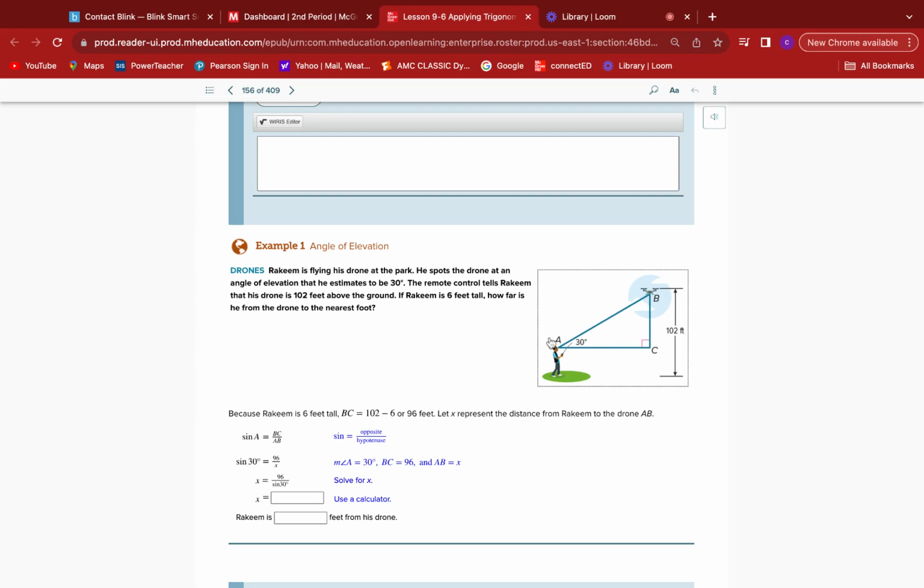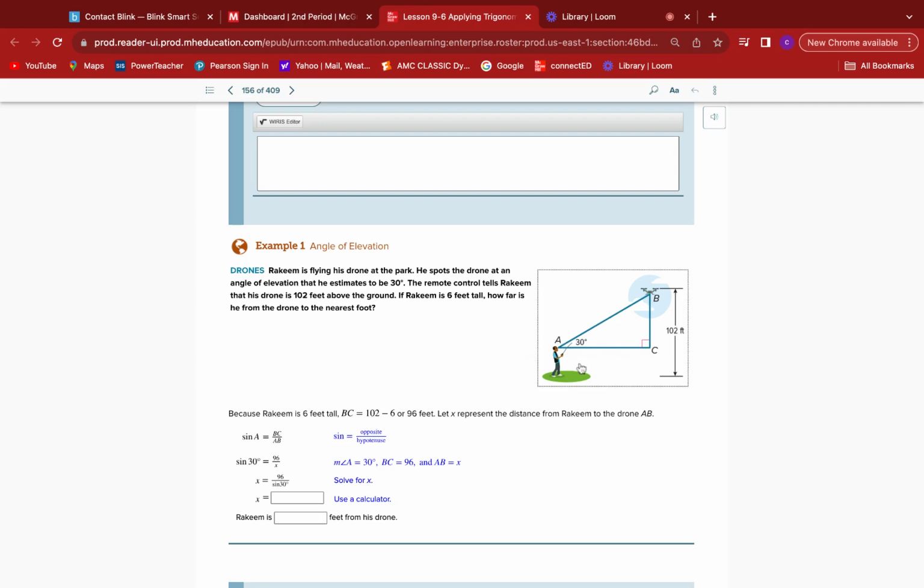Okay, so grab your calculator. Make sure it's in degrees, because if it's not, you're going to get the wrong answers. All right, so here we go. First off, they are going to do it like I said. They're going to subtract 102 and his height, 6 feet, to get BC, which is the height of the triangle from B to C. So 102 minus 6 is 96.